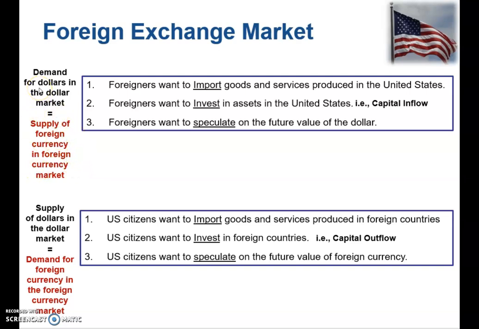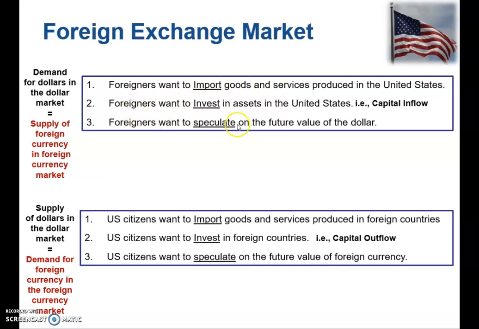Well, it's possible that they want to import goods and services from the U.S. If someone in Mexico wants to purchase an Apple iPhone, then that's an import to them. So they would need to supply their pesos to the peso market to demand dollars in the dollar market to import that Apple iPhone.